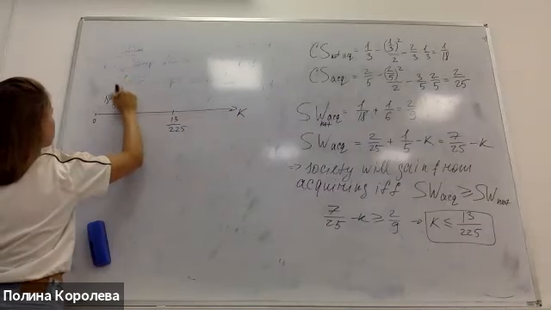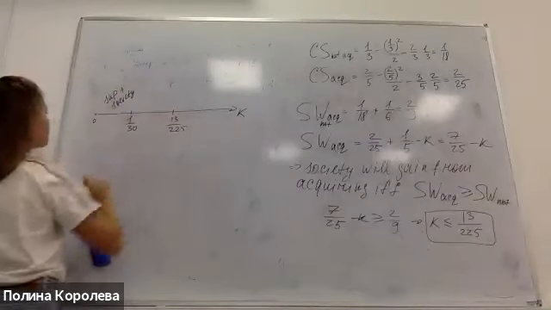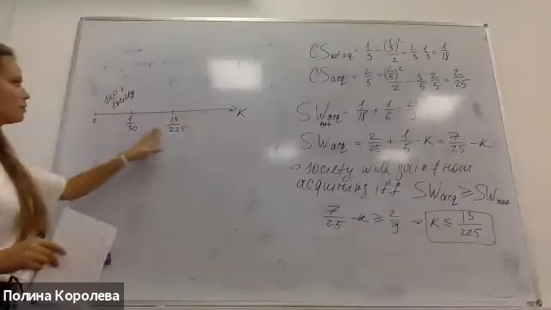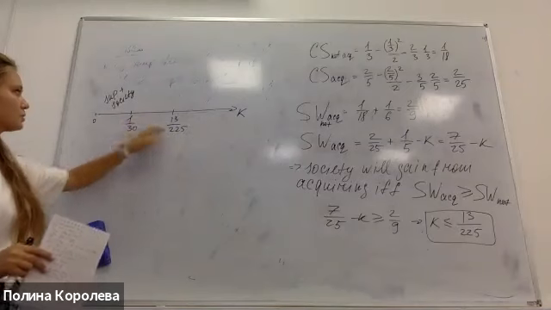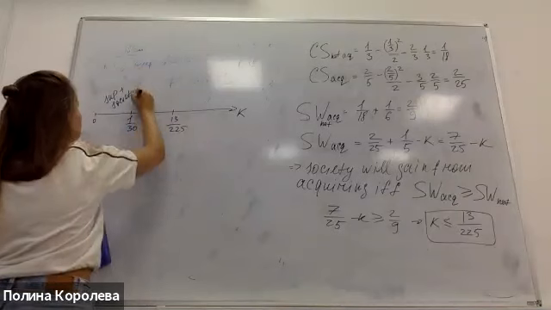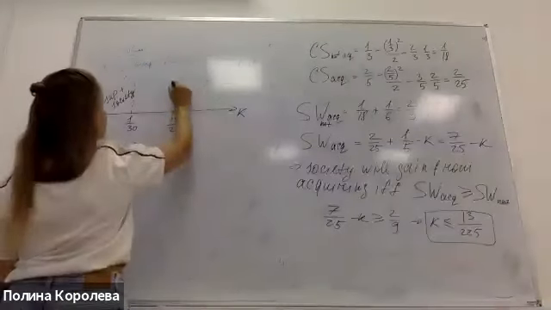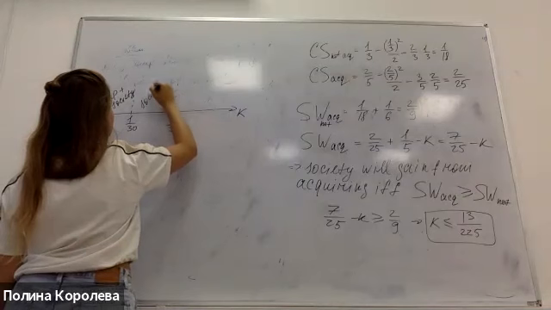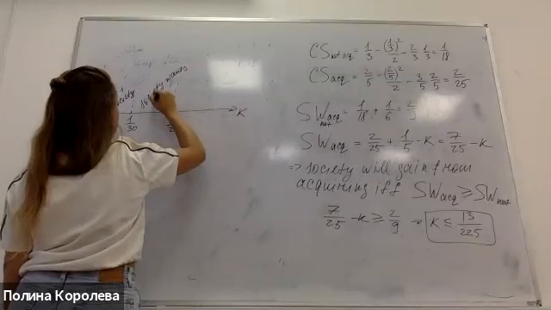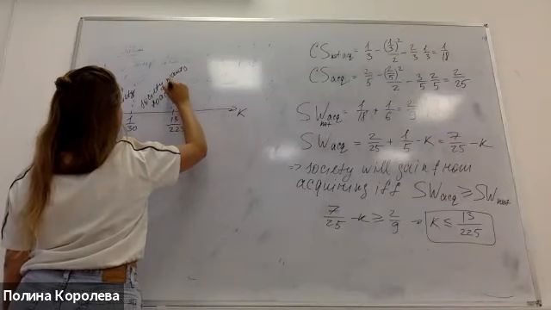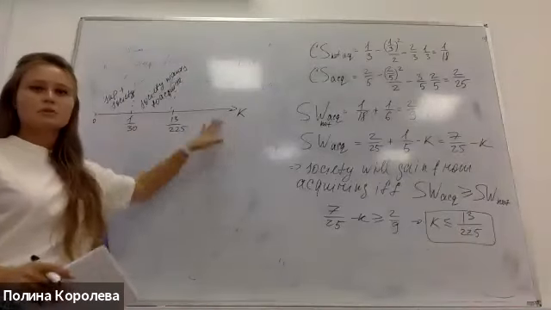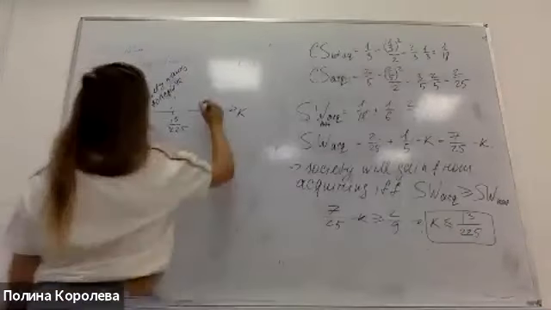Supermarket plus society. If this fee is not so small but not so big, between 1 divided by 30 and this number, it is optimal only for society to acquire. Only society wants to acquire. And if this fee is very big, nobody wants to acquire farmers.